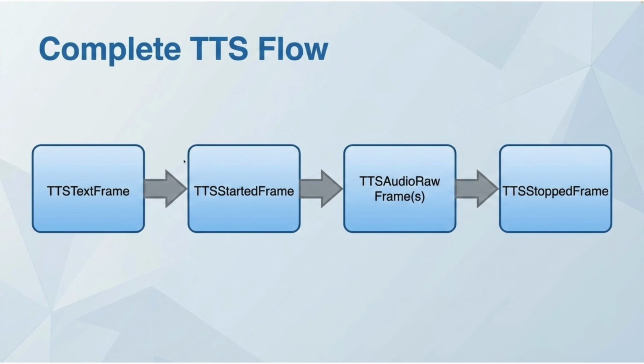Coming to this TTS flow: before TTS start and TTS stop, we have this TTS audio, and before the TTS start frame we generally have the TTS text frame. Only when the TTS receives the TTS text frame does it internally start, sending itself a start frame, then the TTS audio frame, and then the TTS stopped frame.